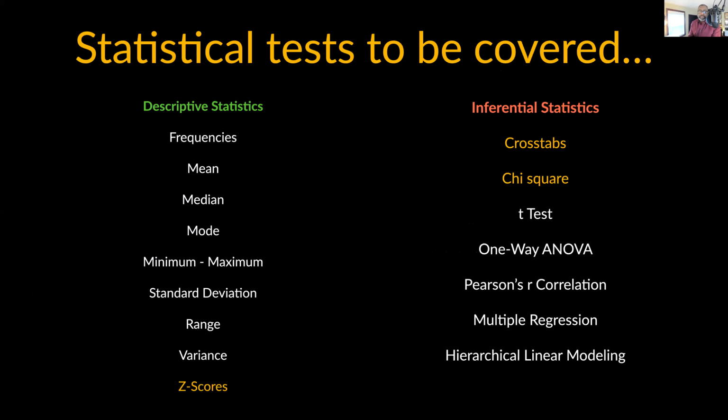And then we're going to move into inferential statistics. We'll be getting into crosstabs and chi-square. We're not going to jump too heavily into crosstabs and chi-square. It's going to be sort of an introduction. We'll go deeper next week. But yeah, we're going to be talking a little bit about z-scores.